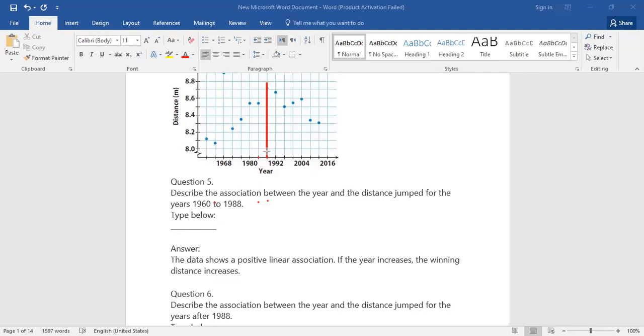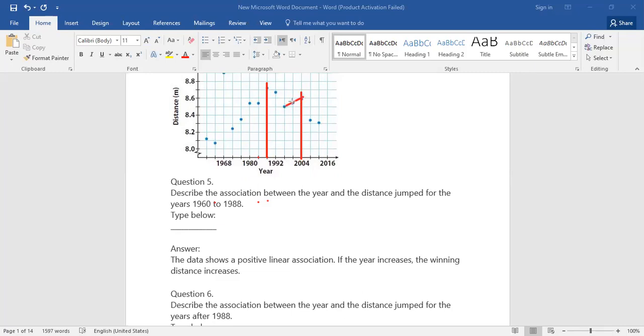Then from 1996 to 2004, did you see this period? What happened? It goes up. It's positive, a slight increase in distance over time.